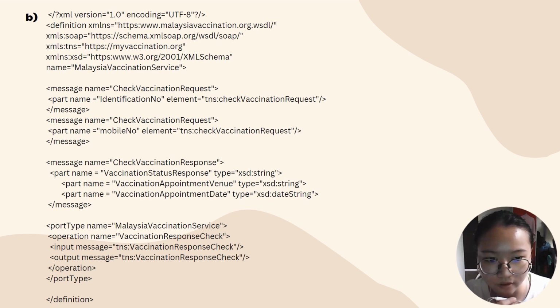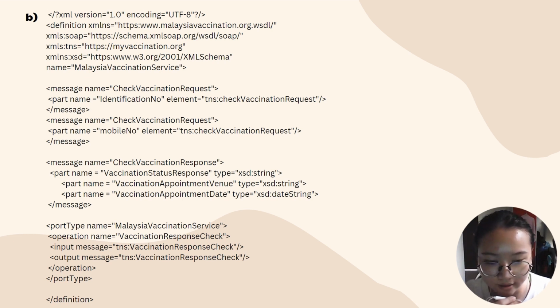First, the part name is vaccination status response. The type is XSD string, followed by the second part name, vaccination appointment venue. The type is XSD string, and the last part is vaccination appointment date with the type of XSD date string.